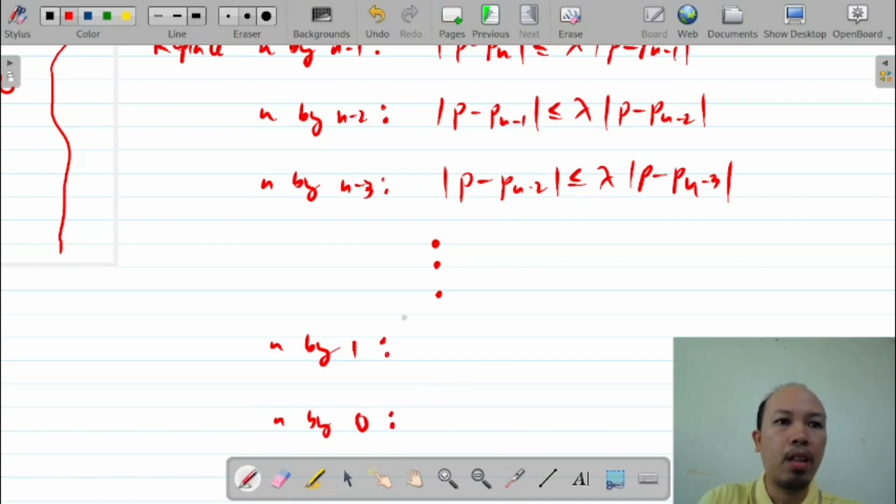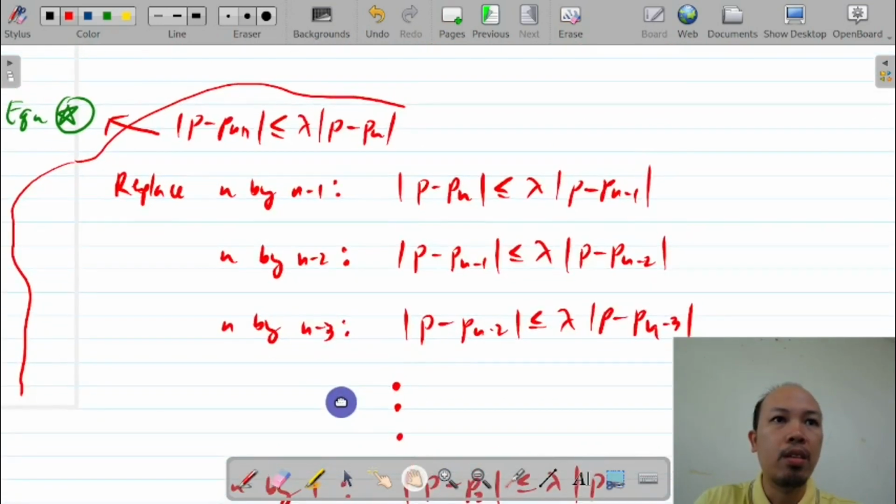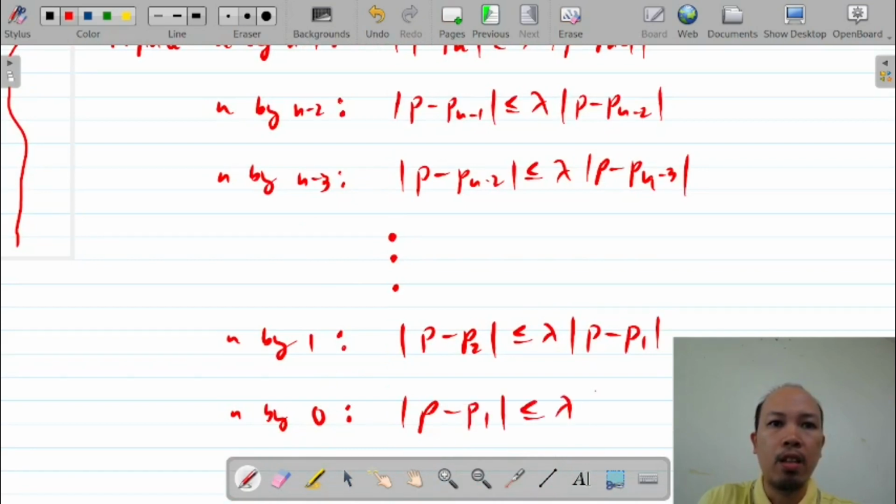So this will become the absolute value of P minus P sub 2 less than or equal to lambda times the absolute value of P minus P sub 1, and P minus P sub 1 less than or equal to lambda times P minus P sub 0.